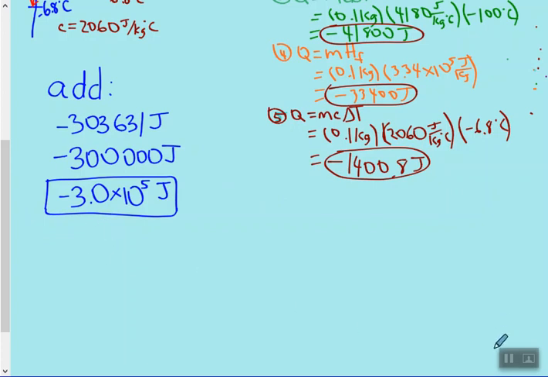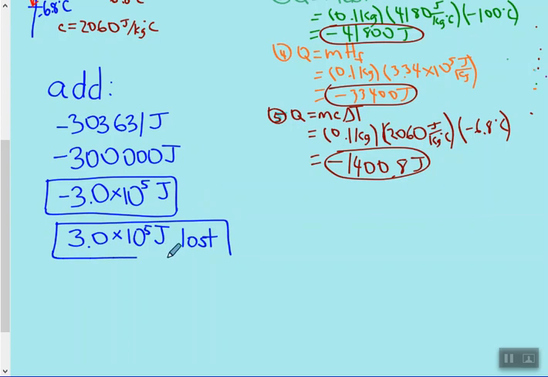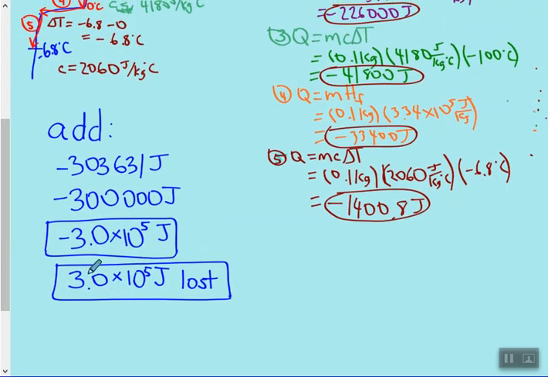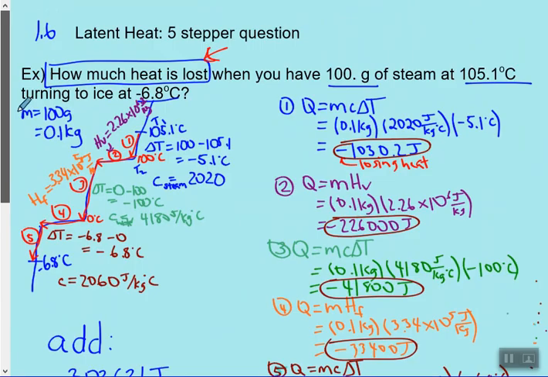So you would write your answer as 3.0 times 10 to the 5 joules lost. So that lost and that negative tell me the same thing, that you recognize that heat was lost in this question, not gained. Okay, so either have the negative show that heat was lost or put lost at the end of a positive number to explain that.